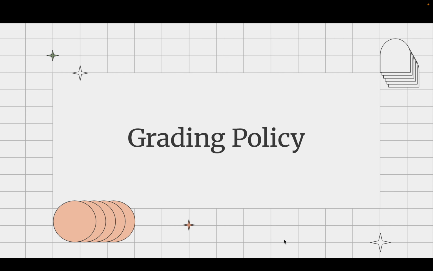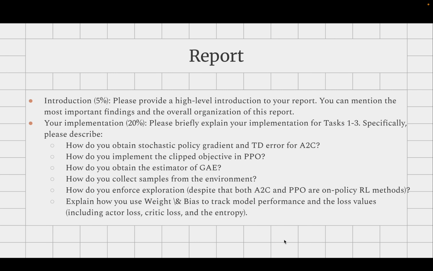And now let's get to the grading policy. You need to hand in a report, with an introduction worth 5 points. Please provide a high-level introduction to your report, and it's better if you can include a table of contents.